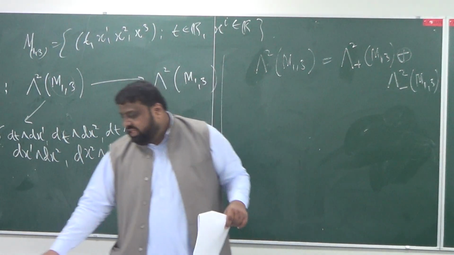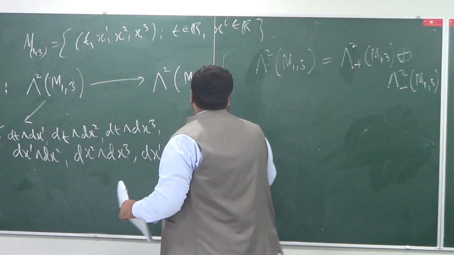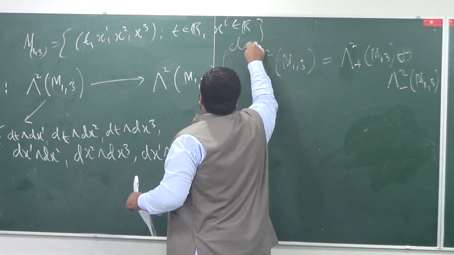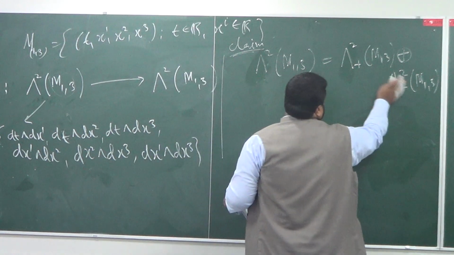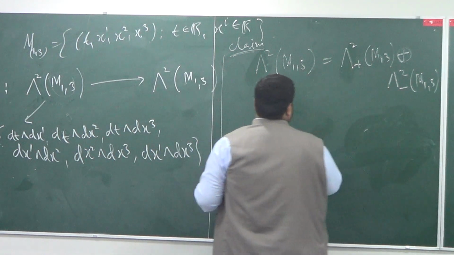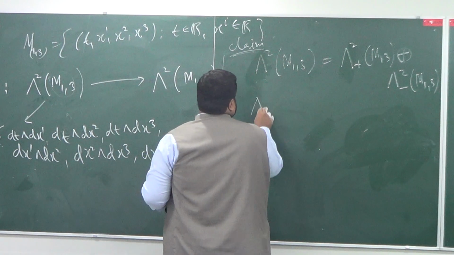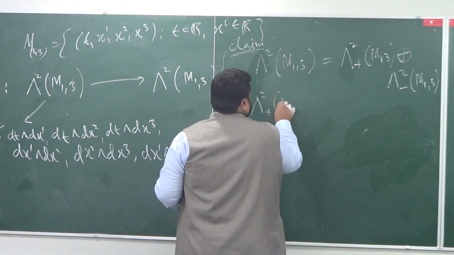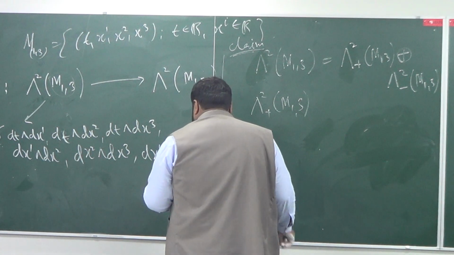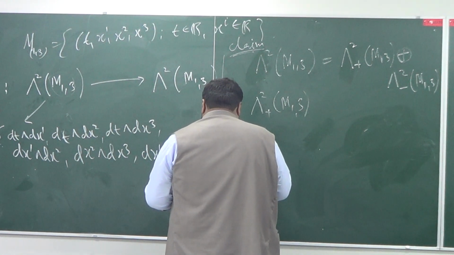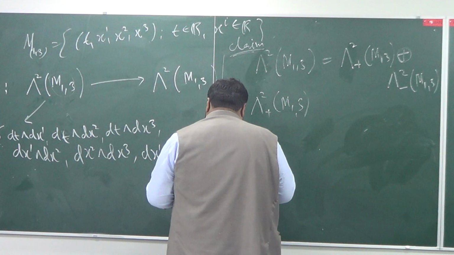Now my claim is that I can see this space as a direct sum of these two spaces. And what is this plus M13 space? An exterior space of two forms in Minkowski space.